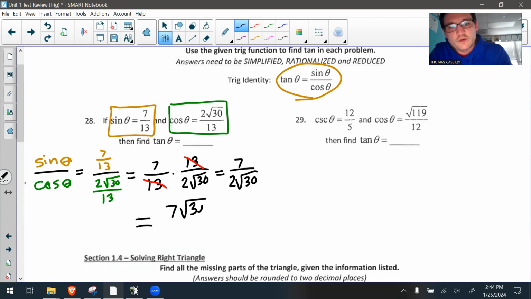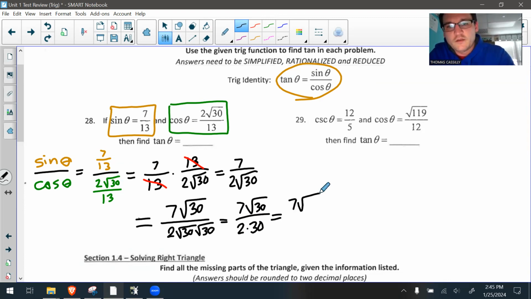We're going to have 7 square root of 30 all over 2, and then 7 square root of 30, square root of 30 again. So that's what it would look like. You multiply the top and the bottom by that square root of 30. So now the denominator turns into 2 times regular 30, and 2 times normal 30 is 60.